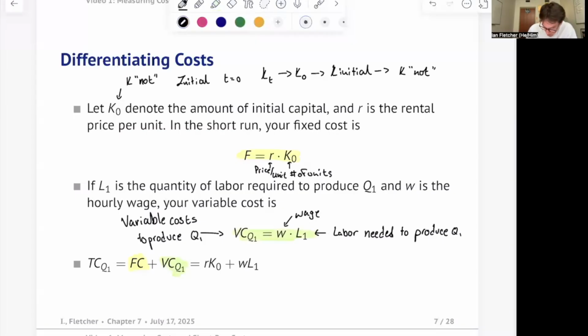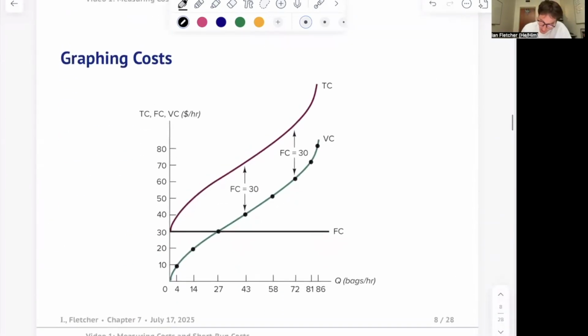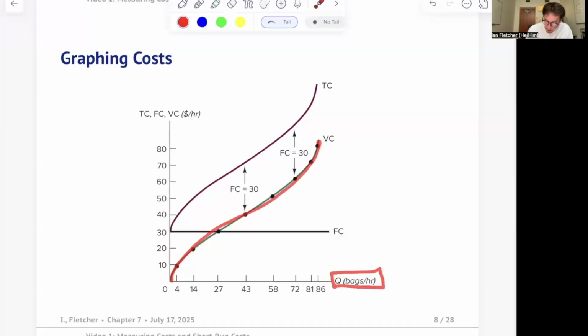And so this would be the total cost of producing Q1. And so graphically, this looks a little weird, right? So when we have our first variable cost curve, it's going to be this curve here, right? And so for varying levels of output, we have these Q's here, right? The dollars per hour, right? So these are dollars.